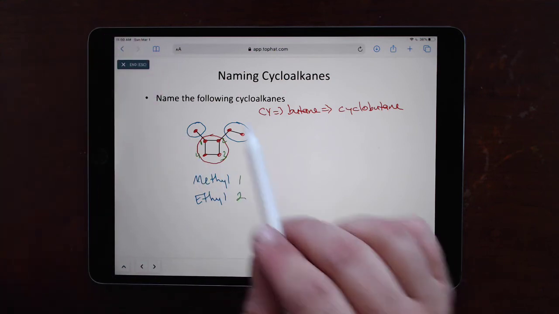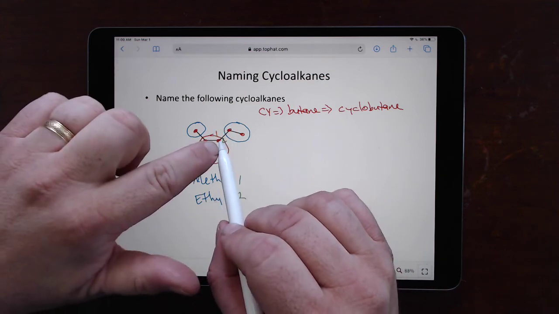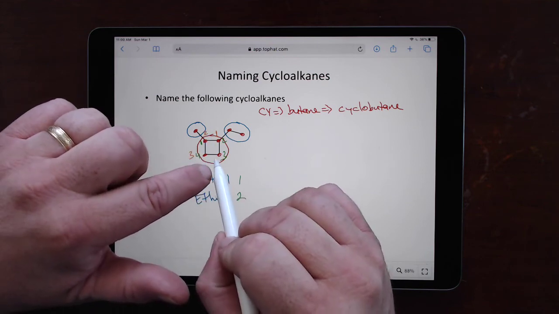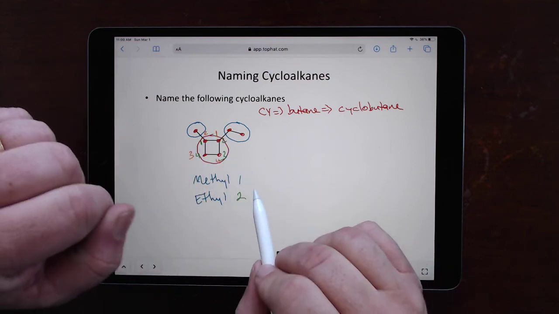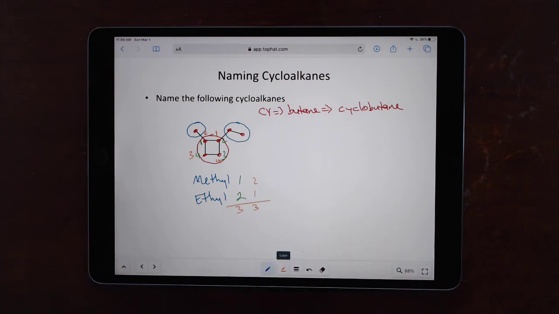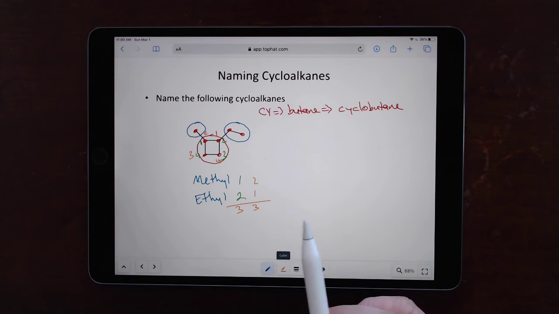Then we give this carbon a chance to be number 1, and the nearest side chain neighbor is here, so 2, 3, 4, and we just keep going around, so it becomes 1, 2, and so they're both 3. The problem with this one is that there's no other way that we can break this tie. There's no other smaller number sets that we could figure out.